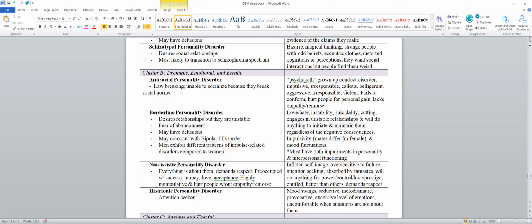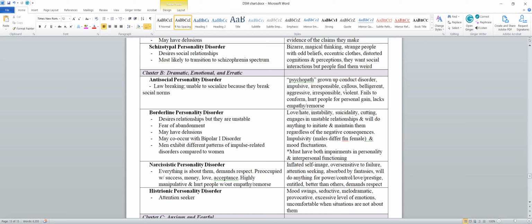The impulsivity in males differs from females, and there are mood fluctuations. In order to diagnose borderline personality, there must be both impairments in personality and interpersonal functioning. Borderline personality disorder people desire relationships, but they are unstable.